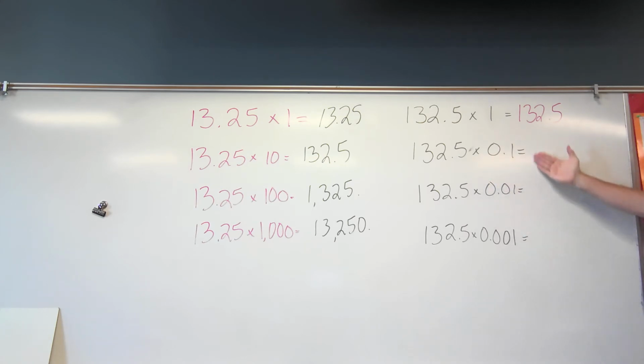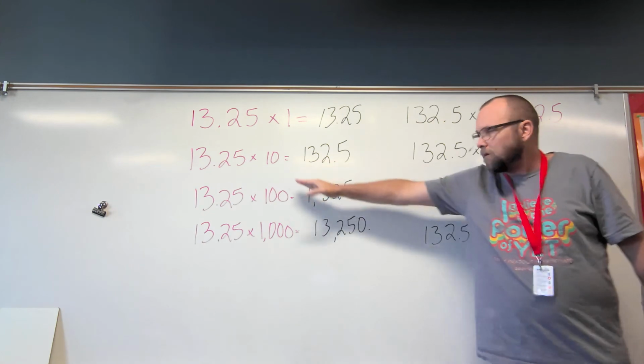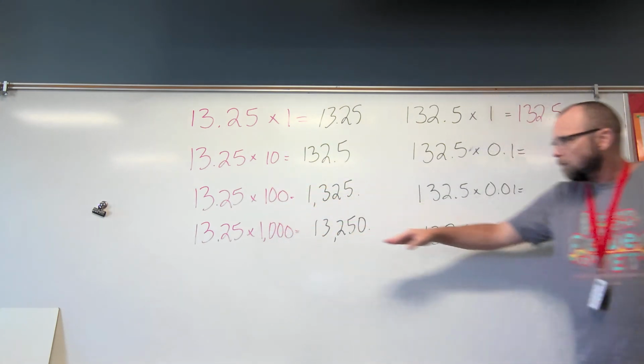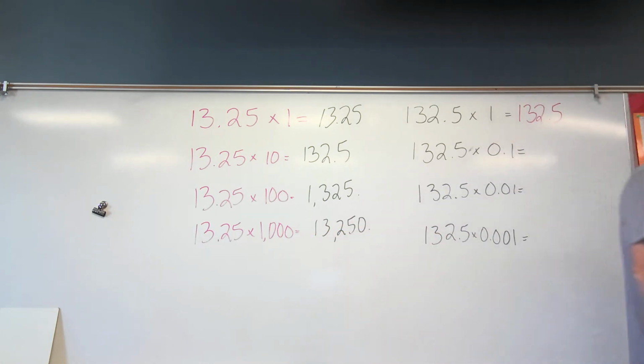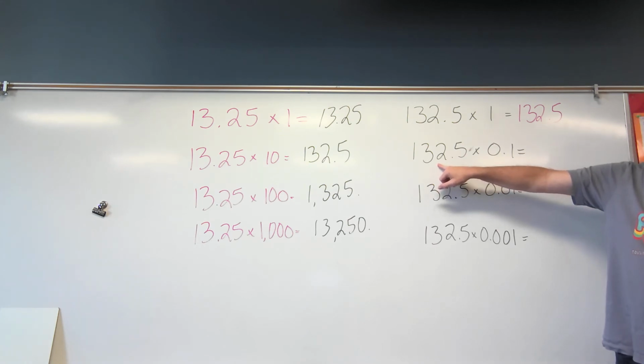And again, these are powers of 10. 1/10 is actually the opposite of 10. 1/100th is the opposite of 100. And 1/1,000th is the opposite of 1,000. So we're going to do the exact opposite. Because now I want to make my 2 10 times smaller, or 1/10 of what it is now.